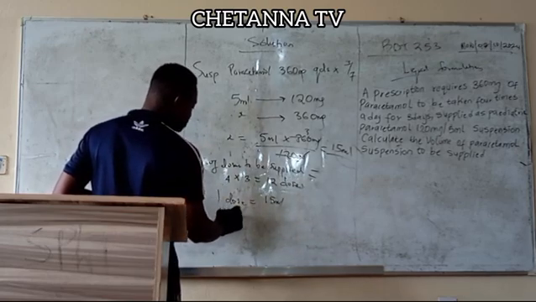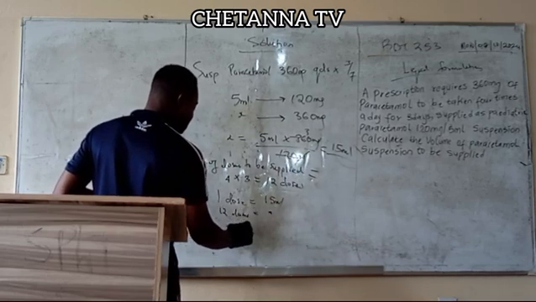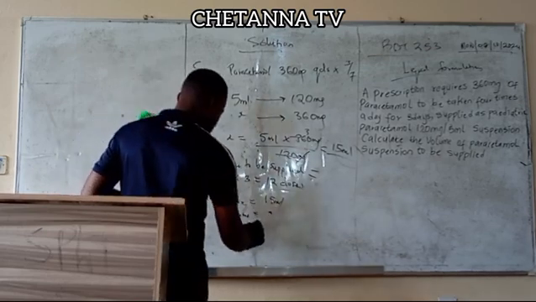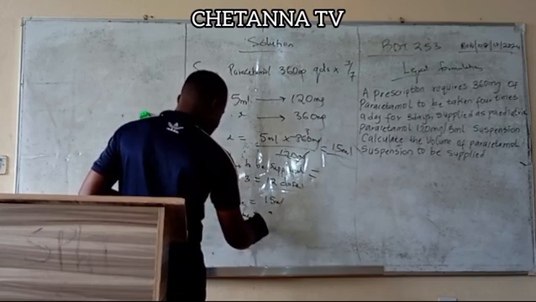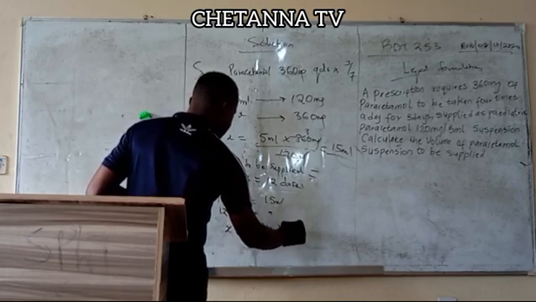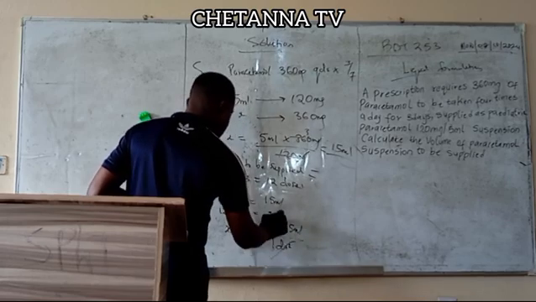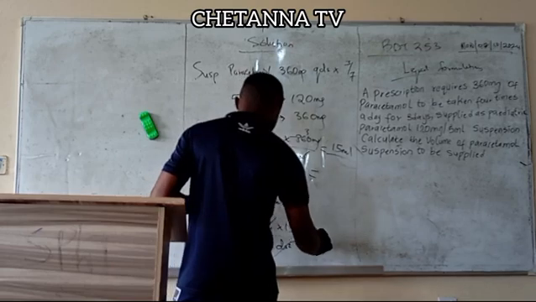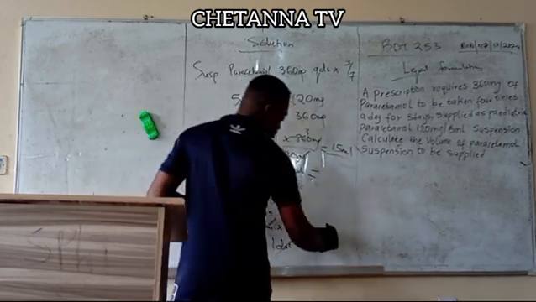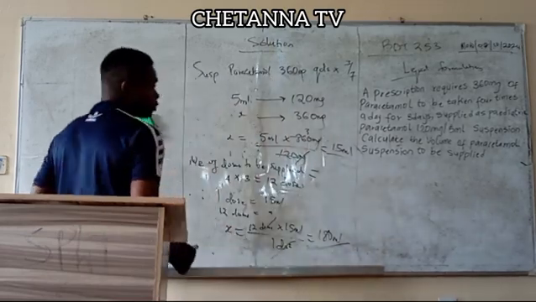Therefore 12 doses is now X. X is equal to 12 doses times 15 mil all over 1 dose. Those will cancel. So we are left with 180, right? 180 mil.